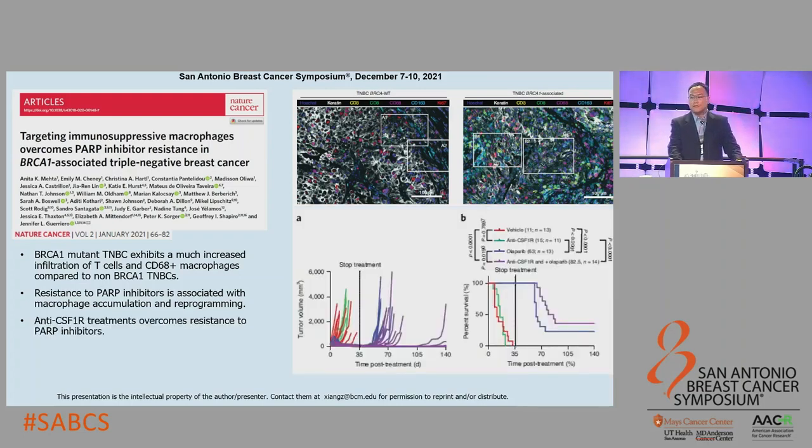If you eliminate macrophages by using this anti-CSF1R treatment, you can overcome the resistance, so the two treatments actually synergize. But again, this is dependent on T cells. If you knock out T cells, this synergy is gone. This is another example of therapies that are not intended to target the immune system actually working through activation of the immune system.